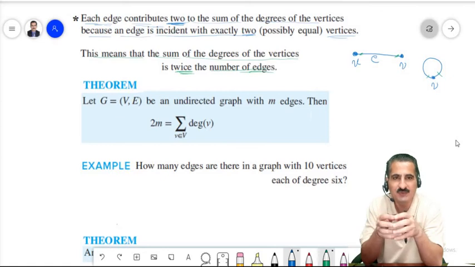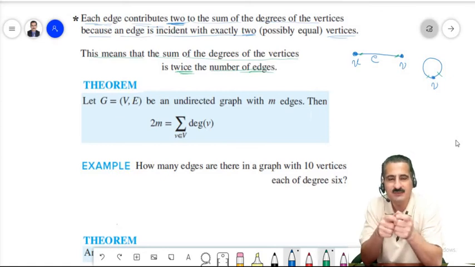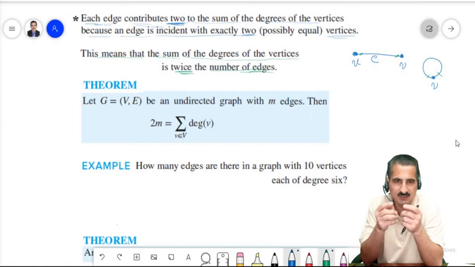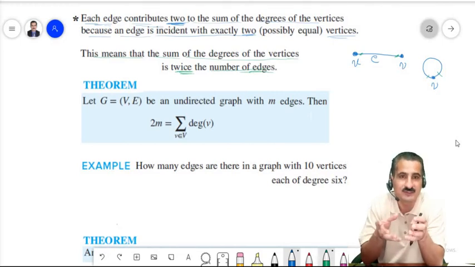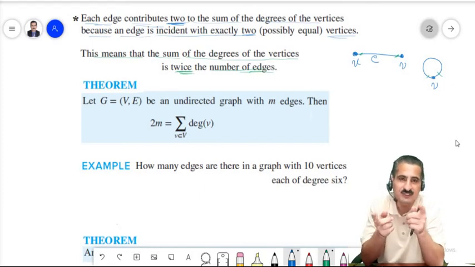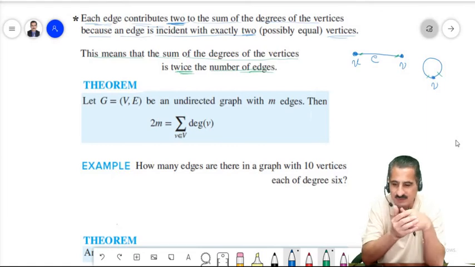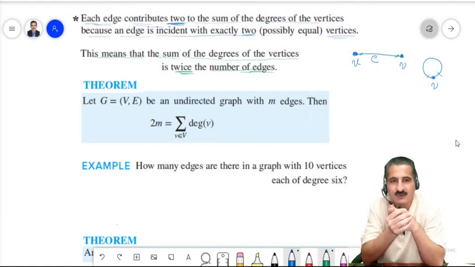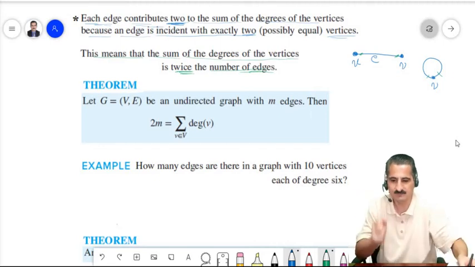And therefore, the summation of the degrees of the vertices will be twice the number of edges, because every edge adds 2 to the degrees. So the sum of the degrees is 2 times the number of the edges, because we have 2 degrees added for one edge.